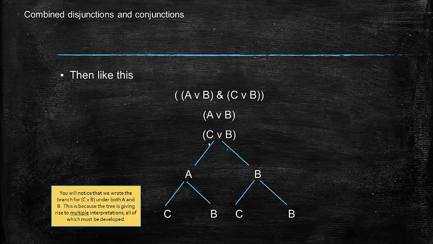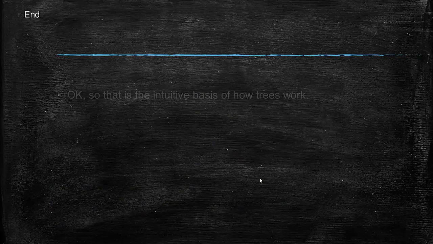So when you're operating on C or B, having already done A or B, you are done with C or B only after you've written it under both A and B. All right, so that's the intuitive basis of how trees work.